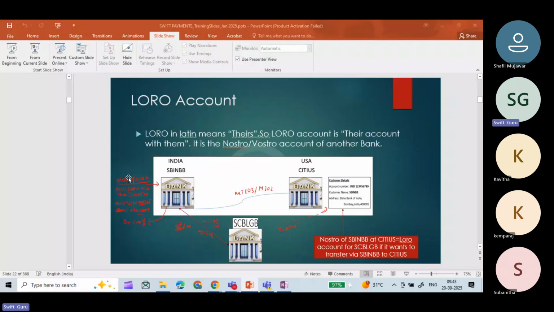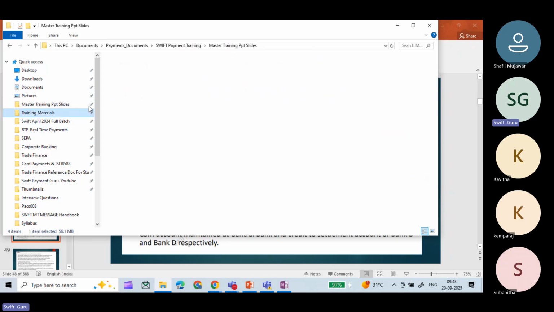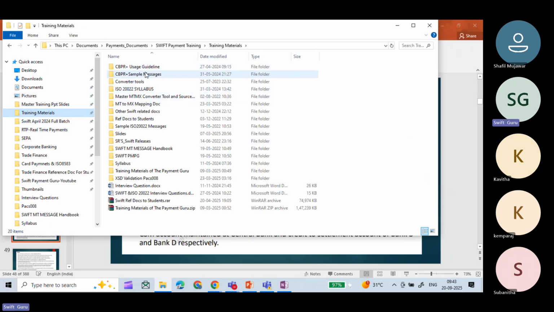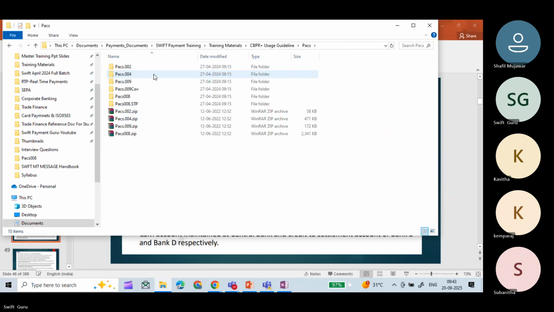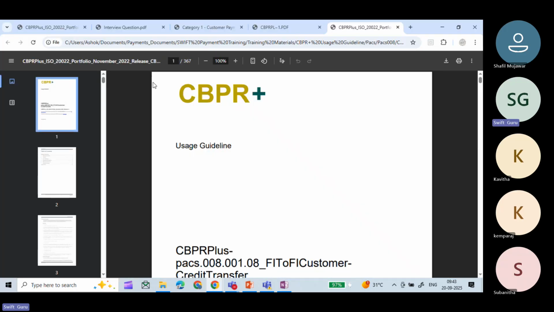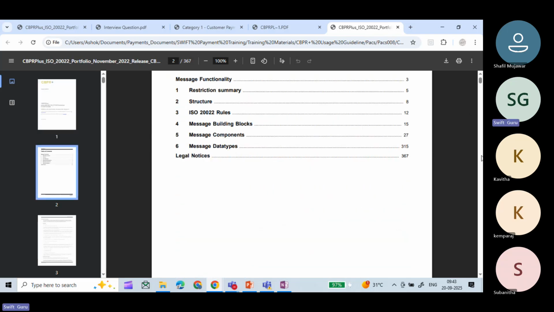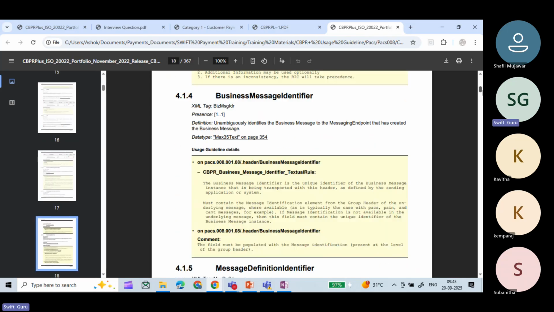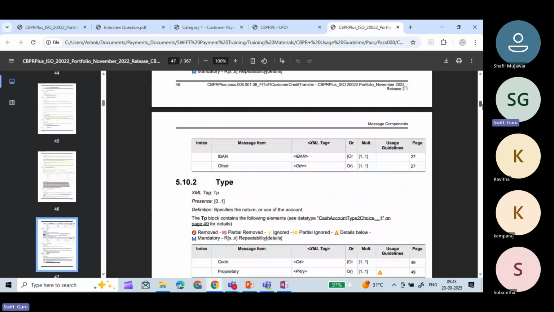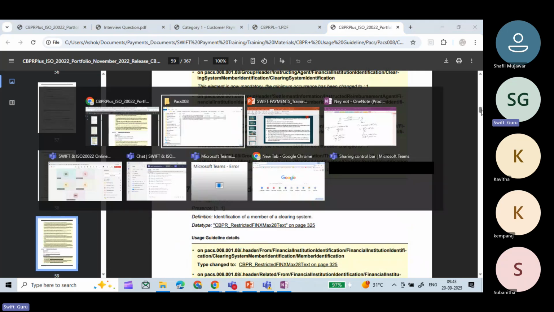They will have a message standard handbook available on how to send the communications, just the way Swift has provided a guideline document for CBPR+. Likewise, the respective payment schemes would have defined payment scheme documents. In such a document, the entire information would be available: how the message should look, what it means, the length restrictions, and what kind of data you can send. As we progress, we'll learn about this.